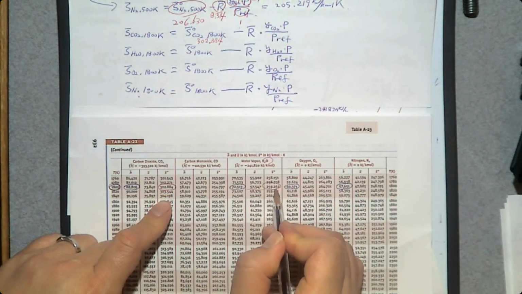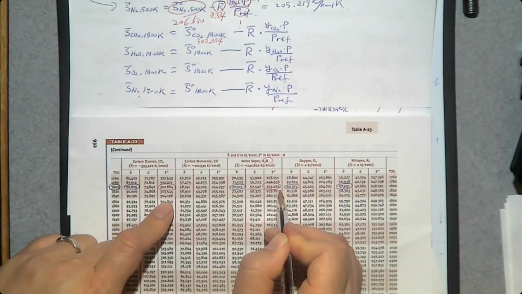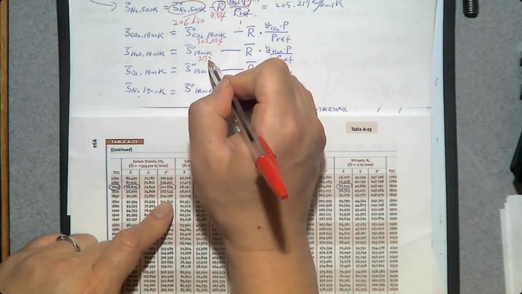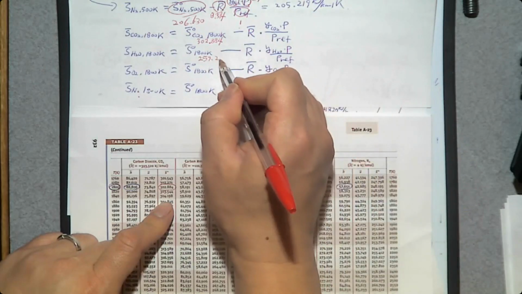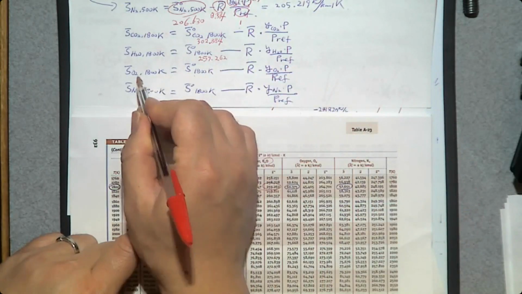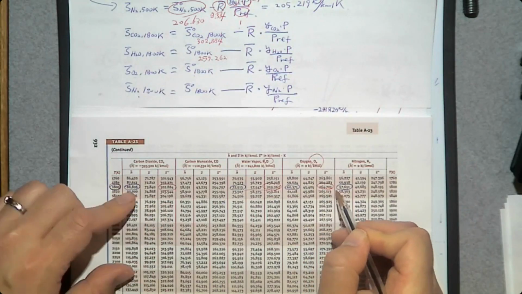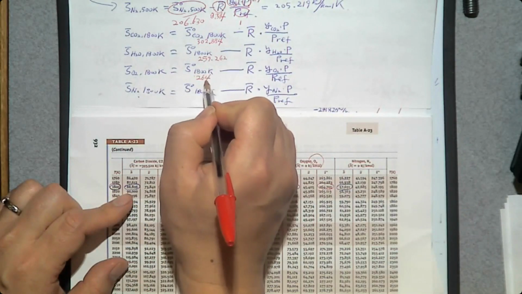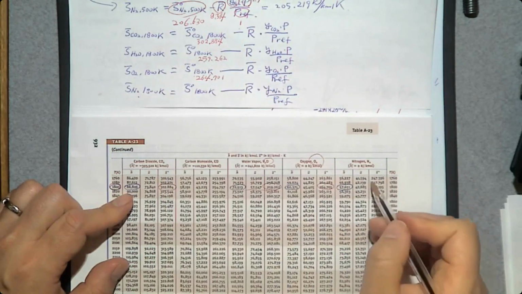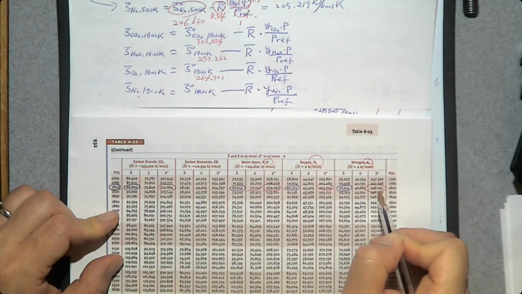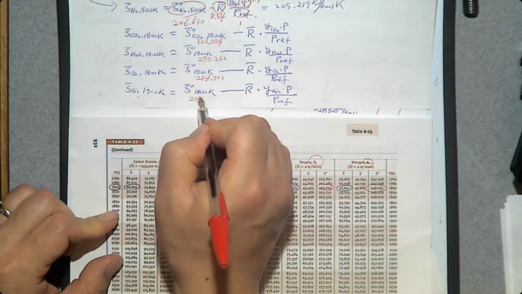Water, this one, 259.262. And oxygen, this one, 264.701. Nitrogen at 1800, 248.195.